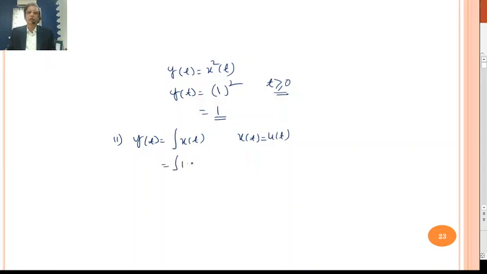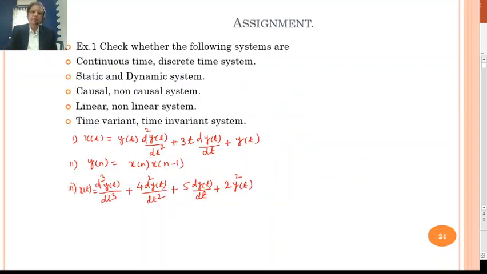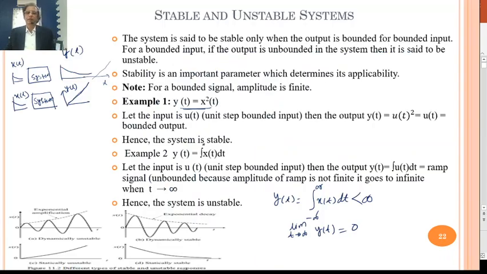It's the integration of 1 dt and the integration is t, and if we plot the nature of this signal, this is a ramp signal having slope 1, and this signal is continuously increasing as t increases, and at t equal to infinity that signal becomes infinity, and the second system is the unstable system. This second system is an unstable system.